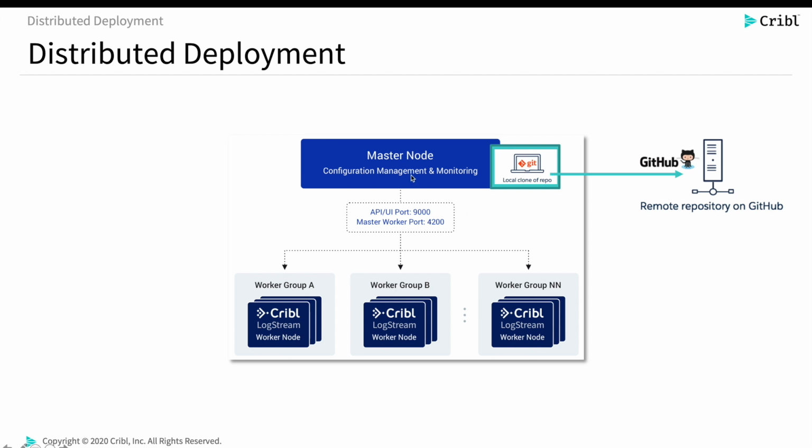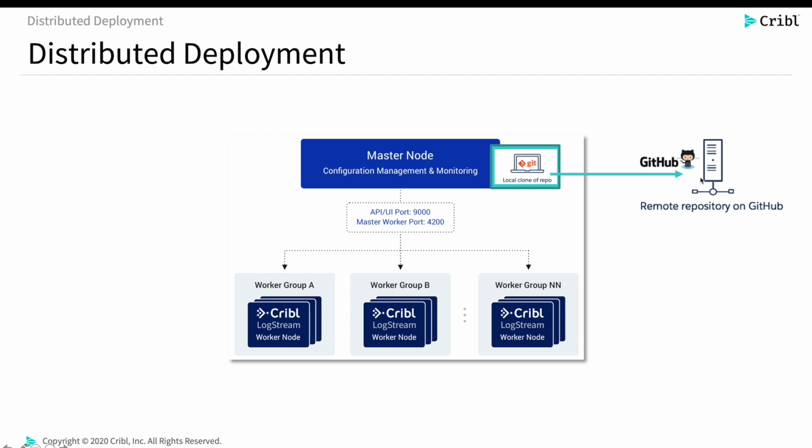Every time the master node makes any changes, we have a local repository that stores these configurations. And for fault-tolerant use cases, we can leverage a remote repository, for example on GitHub.